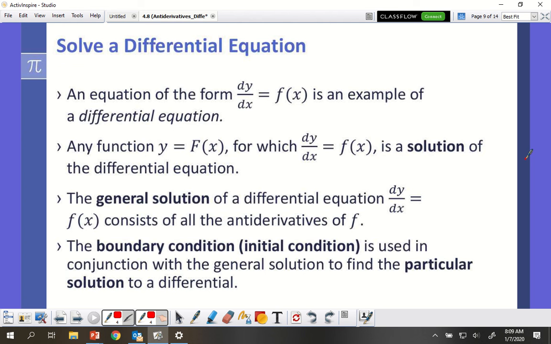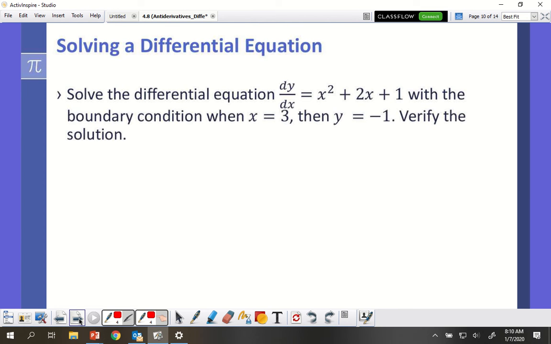But now we're going backwards. I'm going from the slope at a point to getting the equation, the particular solution of a function at that point also.